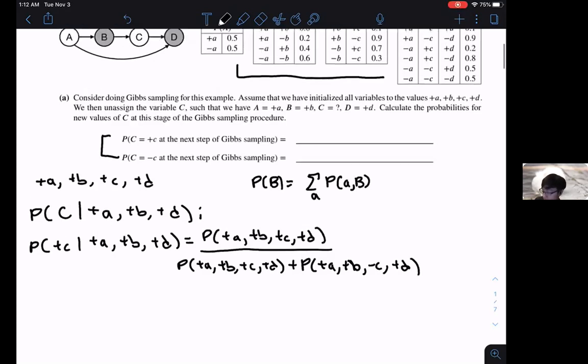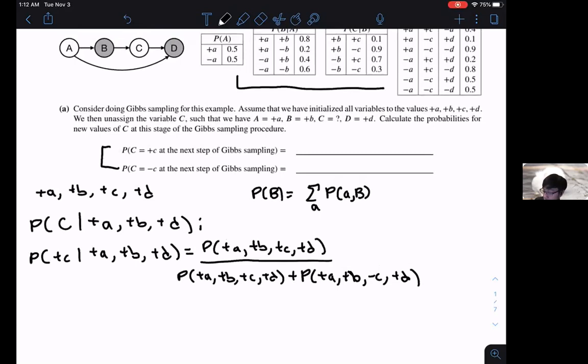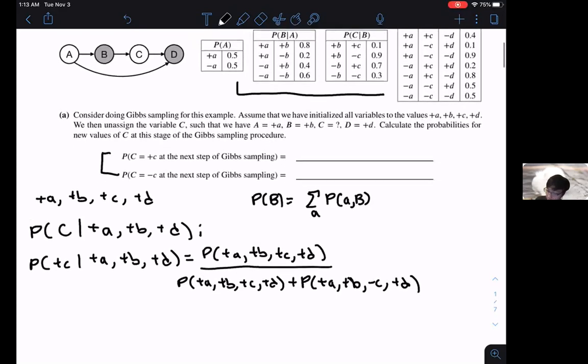Okay, so now how do I calculate these joint distributions? Well, if I'm given all the CPTs in our Bayes net, we know that the product of all the CPTs is just equal to the joint distribution. So from here, I can match the CPTs to their appropriate values and then just get the results.